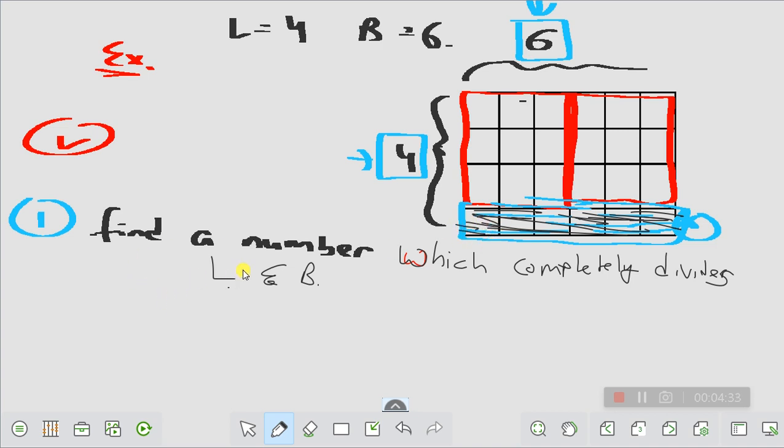The second observation that I can make is I have to find the minimum number of squares with the greatest side.